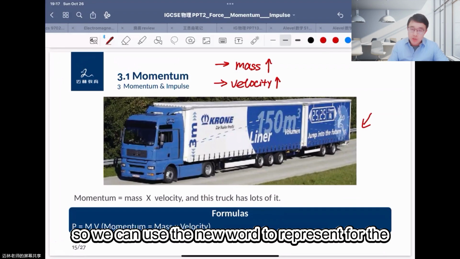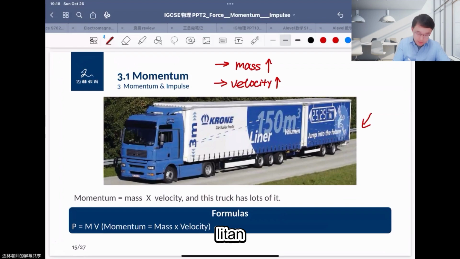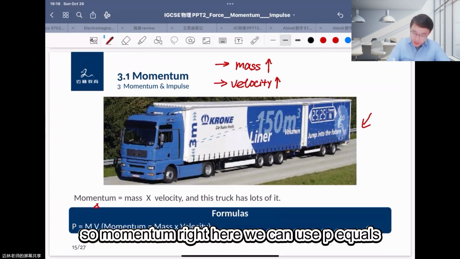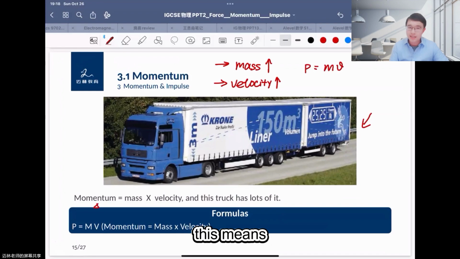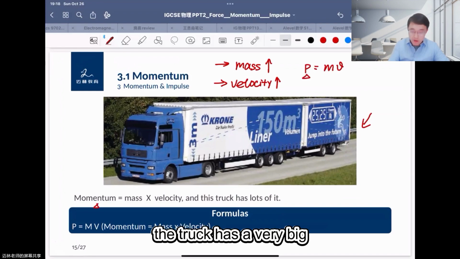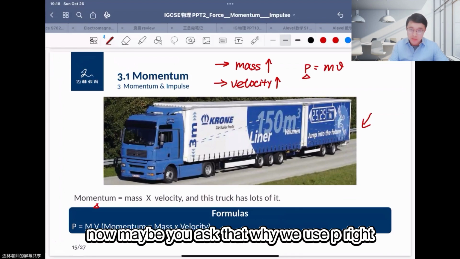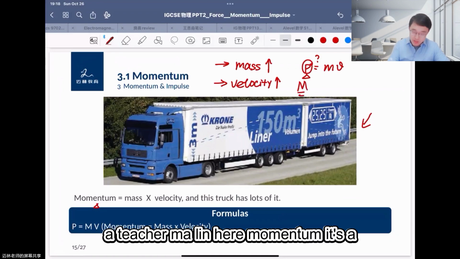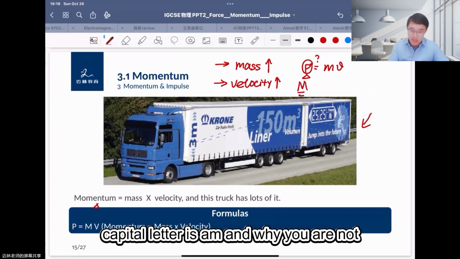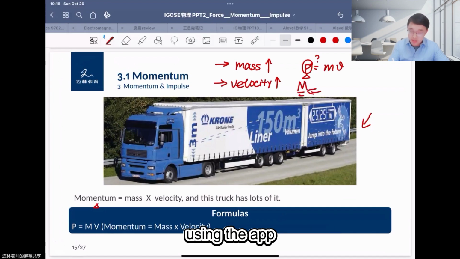So we can use a new word to represent this, that is momentum. Momentum, we use P equals mass times velocity. Maybe you ask why we use P here and don't use M. Maybe you will ask me, oh, teacher Mai Lin, momentum starts with the letter M, so why are you not using the M?